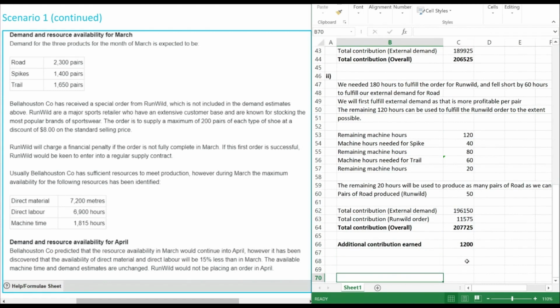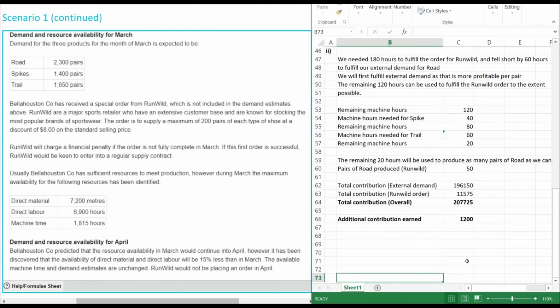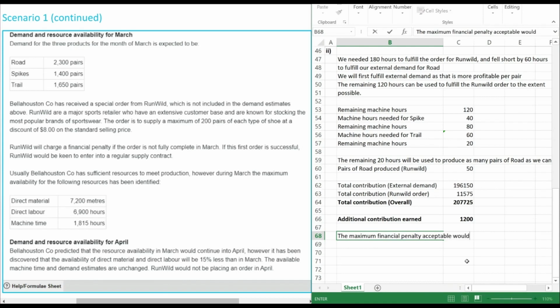If we are only going to make 1,200 extra dollars by breaking the agreement, then the maximum penalty we'd be willing to pay is up to that same amount. Otherwise, we're making a loss on the whole thing. So the maximum financial penalty acceptable would be up to $1,200.